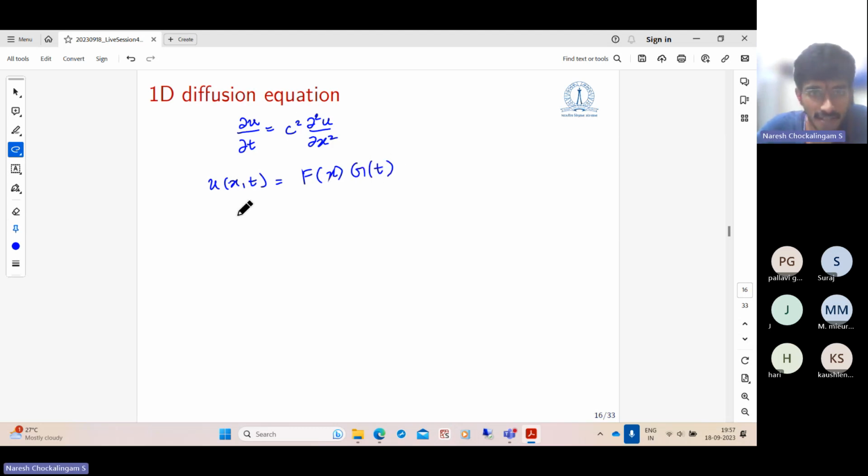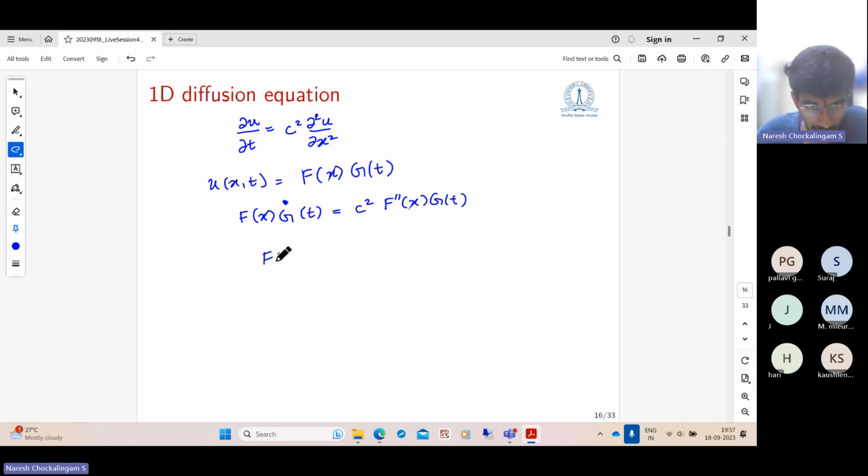Again, substitute into this. This derivative is with respect to t, so you can treat f of x as a constant. And for time derivatives, let me put a dot on top. G dot of t is equal to c square f double dash of x g of t.